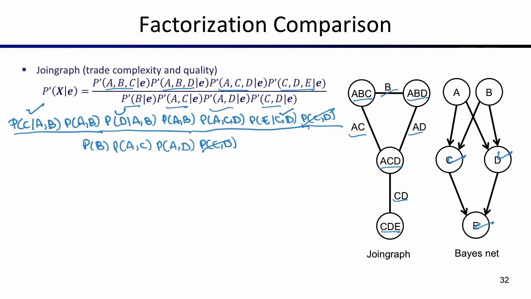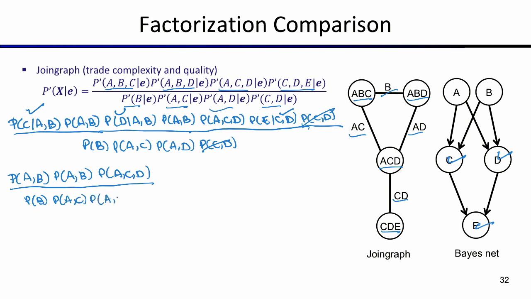So the terms that we still need to explain are the following. I'm going to write these down here: probability of A and B, that will split with independence assumptions between A and B, and this probability of ACD. And in the denominator is probability of B, probability of AC, and probability of AD.